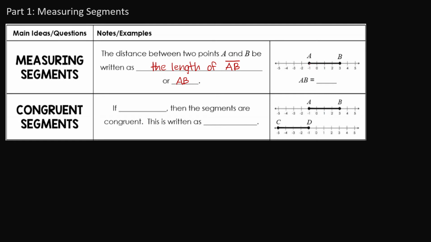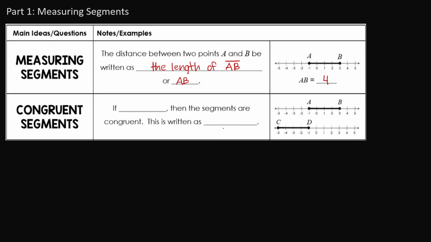Point A is at -1, point B is at +3. The distance between those points, if you subtracted or took the difference of those points, would be 4. 3 minus -1 is +4, or the absolute value of -1 minus 3 would be 4.